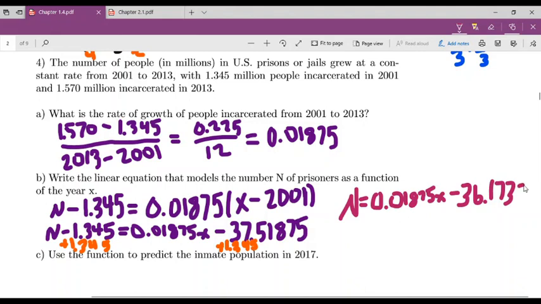That's always a good idea to check behind me on your calculator and make sure you can get that as well. So here's your function in slope-intercept form. Obviously that was your function here in point-slope. So now you've gone from point-slope to slope-intercept.